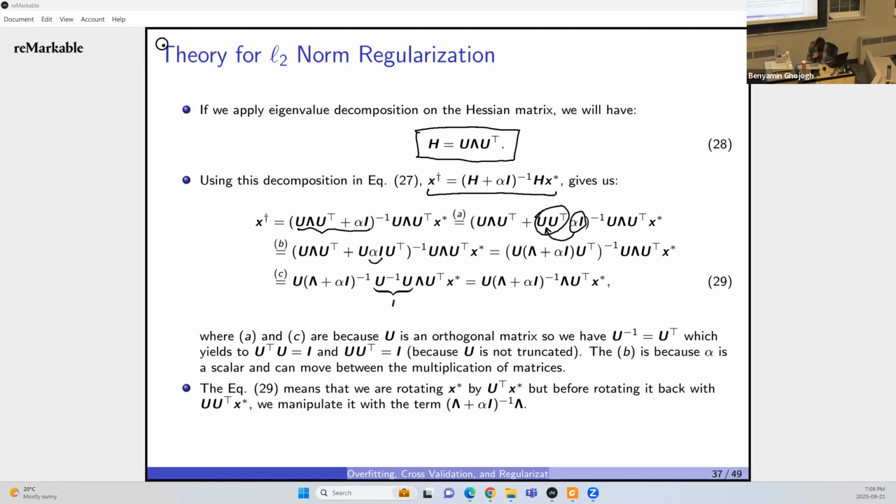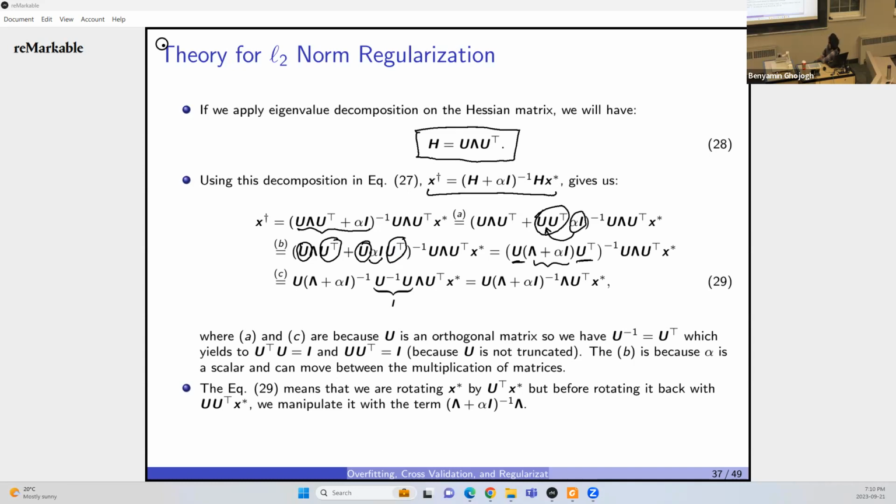So now I have U on the left side of both terms, I can left factor out U. Also, I have U transpose on the right-hand side of the terms, so I can right factor out U transpose. Therefore, I will have this in the middle.